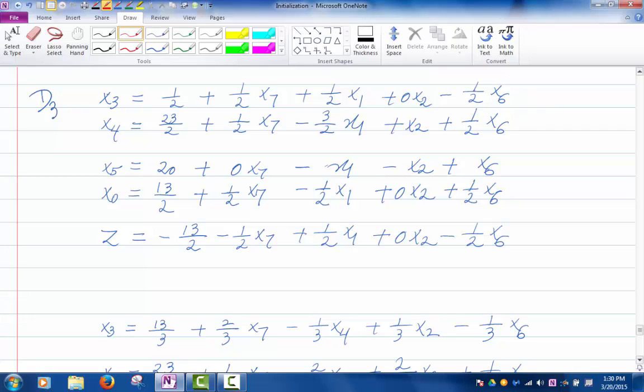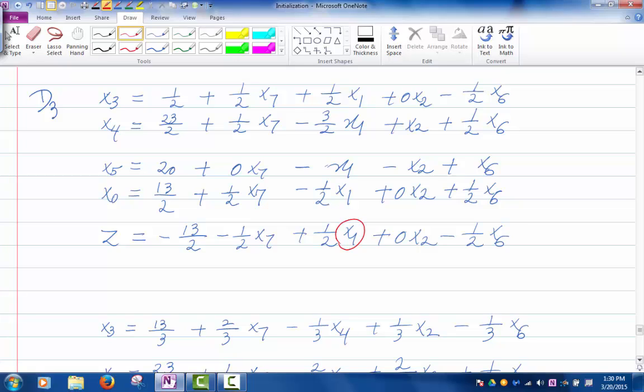Well, once again, you look at the non-basic variables and pick out the one with the largest coefficient, and in this case, obviously, x1 has the largest coefficient.